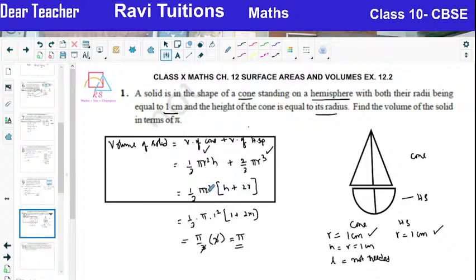So I have taken 1 by 3 pi r square common, and here h is remaining, here 2r is remaining. Even this step is correct. And then 1, 1, 2. So I am not finding any mistake. If you are finding a mistake, you can tell me. Yeah, thank you. Anyhow, that is always correct. You said something, I have verified it. So this is question number 1 of the first exercise.